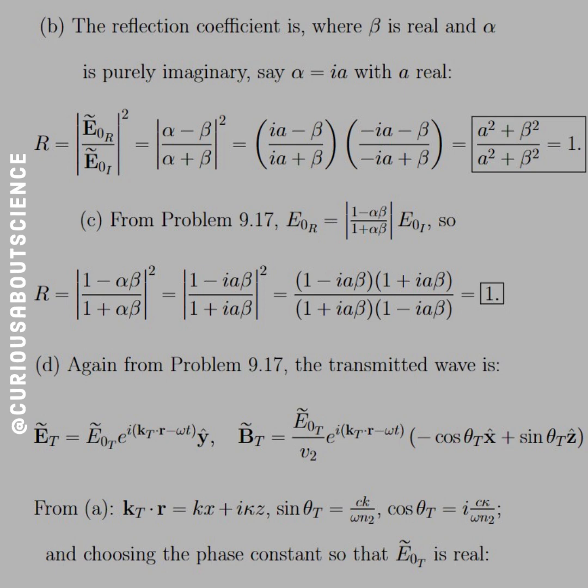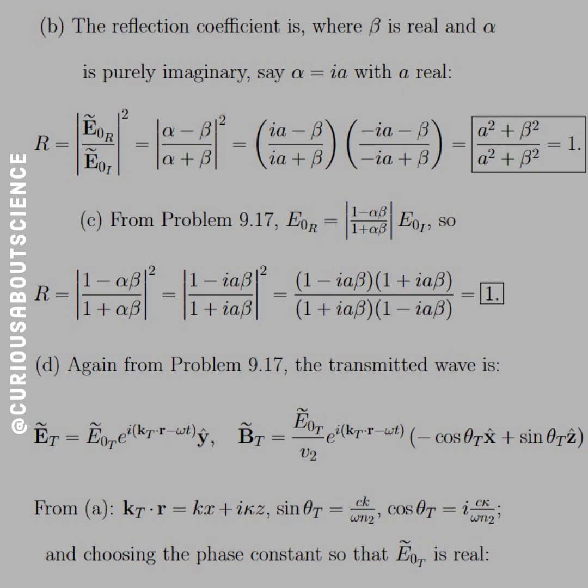And D, again from problem 9.17, the transmitted wave is given as such, E of t and B of t. And from A, we see that kt dot r is equal to kx plus i kappa z. Sine theta t is equal to ck over omega n2. Cosine theta t is equal to i ck over omega n2.